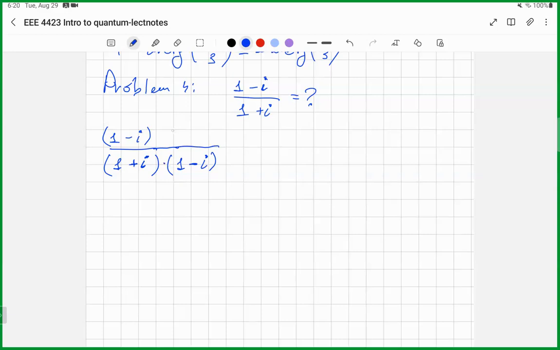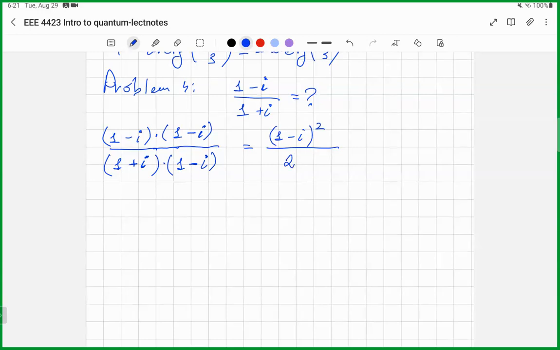But we also need to multiply the numerator by the same to keep it correct. So for the numerator, 1 minus i times 1 minus i is equal to 1 minus i squared. And the denominator is obviously 1 plus 1.